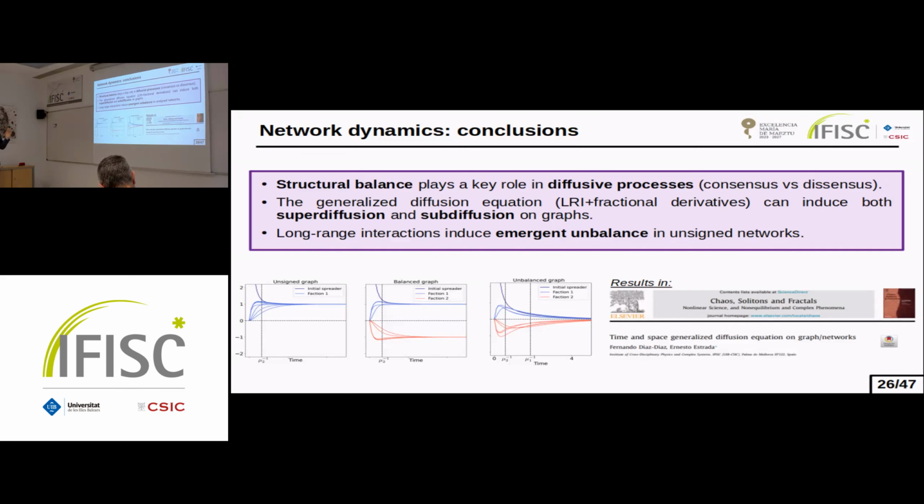And third, that long-range interactions can be included in signed networks, and they lead to new phenomena like this emergent imbalance that I mentioned. The results on the generalized diffusion equation are in this paper. The results about this last part are not published yet. Hopefully they will be soon.